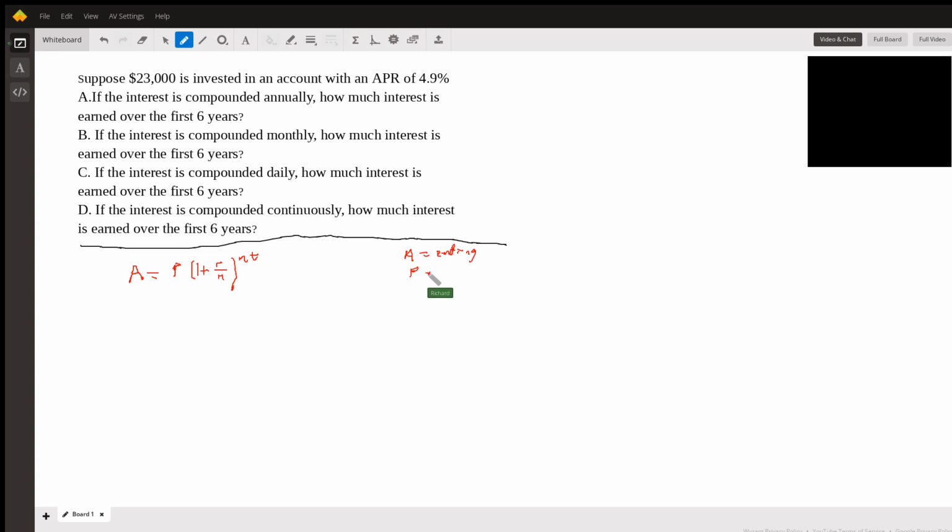P is the principal, or the starting amount. R is the annual interest rate. N is the compounding frequency. How often does the money compound?